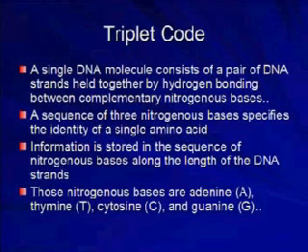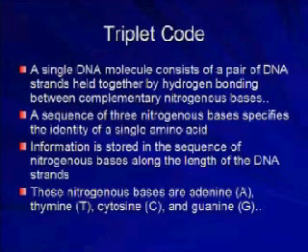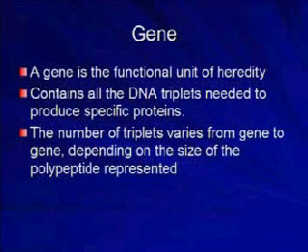And I know I've alluded to these earlier in the lecture series when we were talking about the bases several lectures ago. A gene is a functional unit of heredity that contains all the DNA triplets needed to produce specific proteins. The number of triplets varies from gene to gene depending on the size of the polypeptide represented.